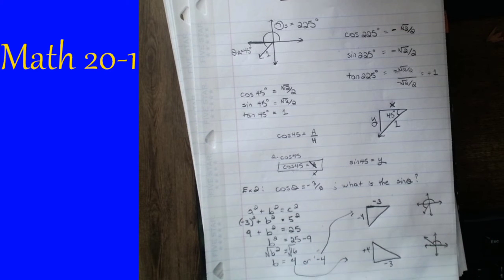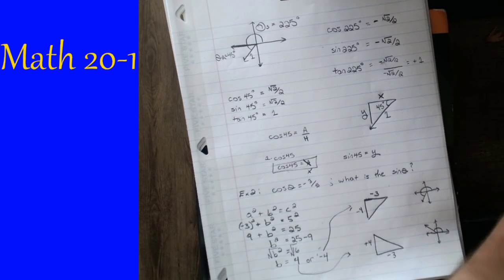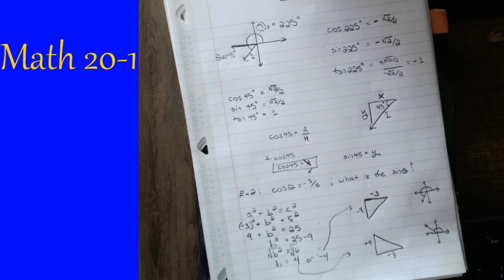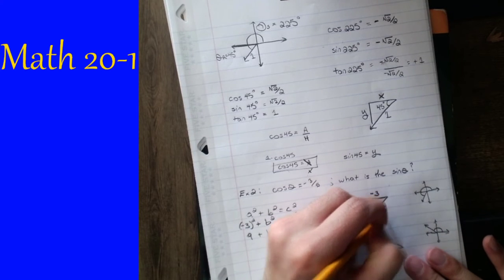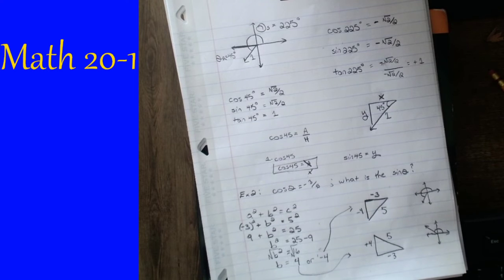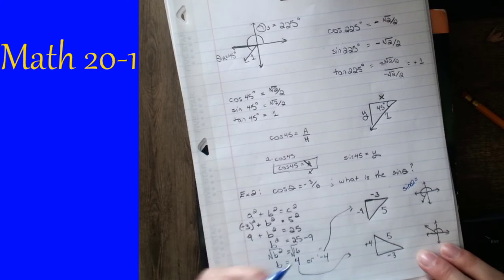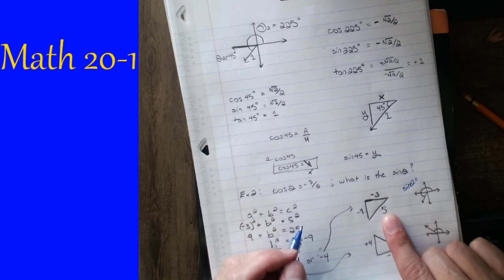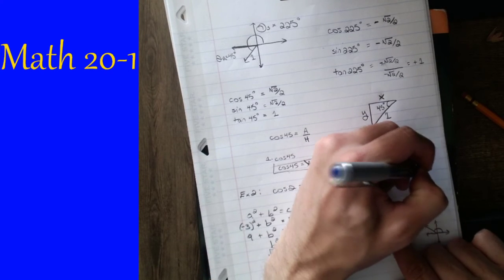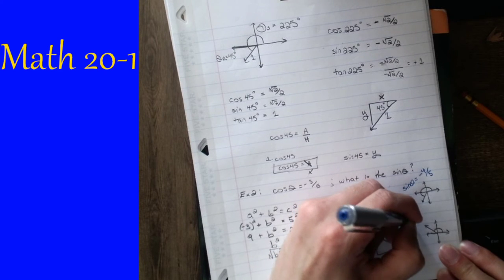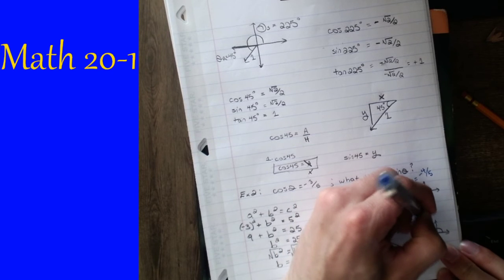Okay, let's get back on track for what I'm being asked for. What is the sine of the angle? My hypotenuse is 5 in both cases. That has not changed. So here, the sine of the angle is equal to negative 4 over 5, and here, the sine of the angle is equal to positive 4 over 5.